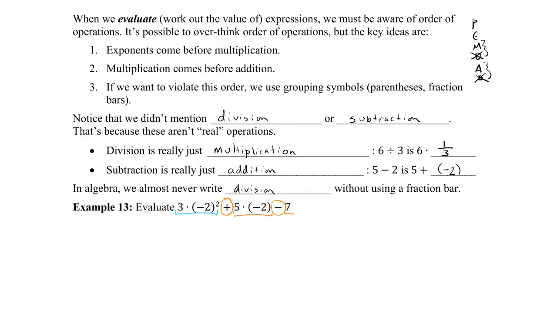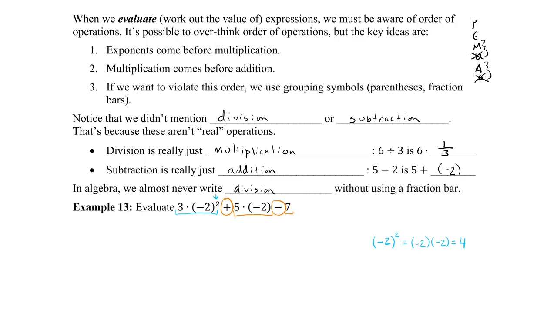In our first piece here, we have an exponent. So the first thing we're going to evaluate here is -2 to the second power, which means -2 times another -2, which, a negative times a negative is positive, so that'll work out to +4.